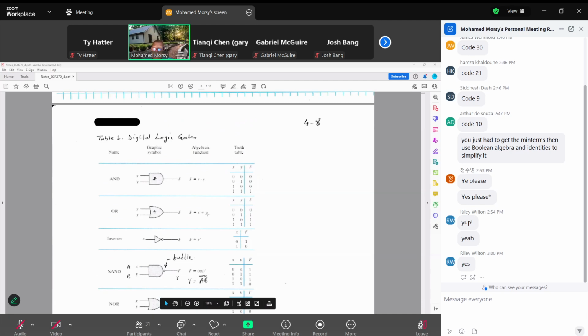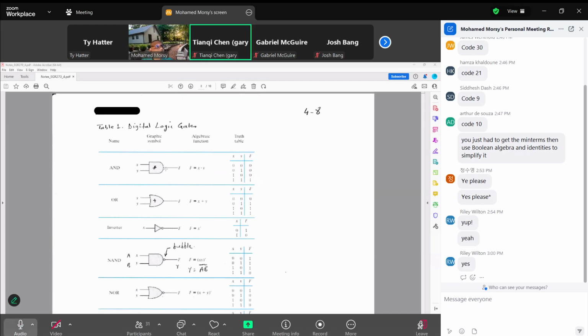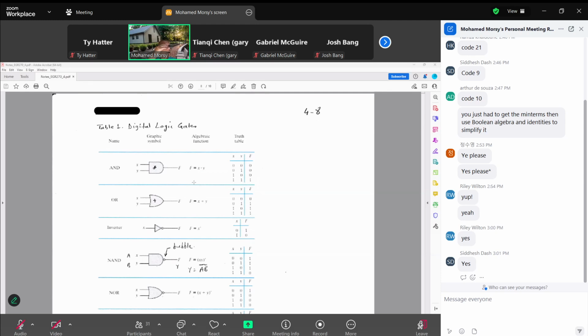Everyone sees this? Yes. So the AND gate, logic multiplication. Here the output is F and the inputs are X and Y. It doesn't matter, they're just variables, notations we use.